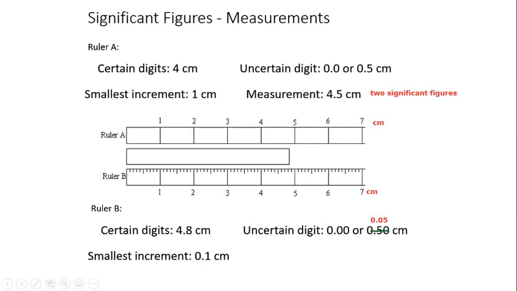So based on where it's at, we would call this 4.85 centimeters. So you could have put 4.85, 4.84, 4.86, 4.87. The fact is that you have to have 3 significant figures. So notice here that the smaller the smallest increment is, the more precise your measurement becomes.